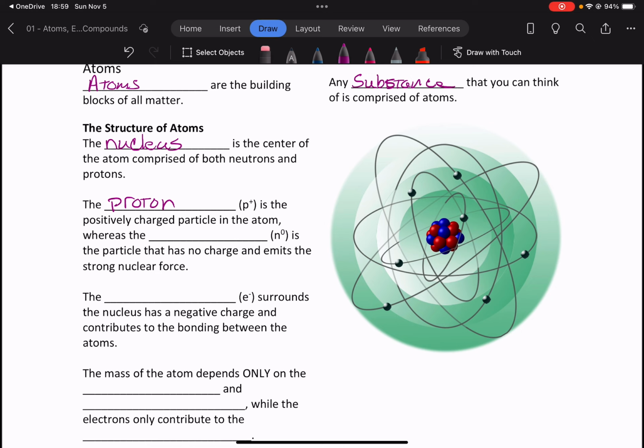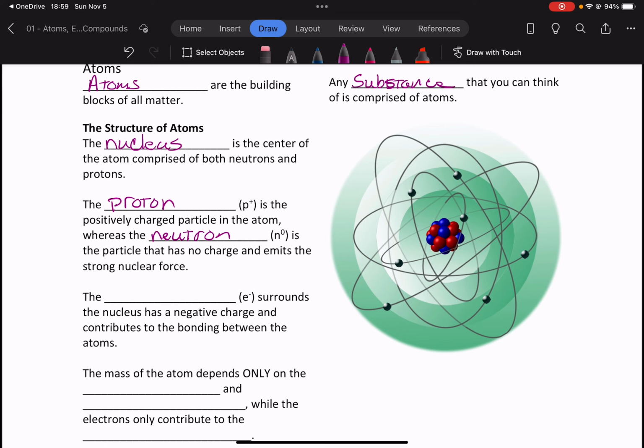The other one in there is the neutron, which you list as an N0. It's the particle that has no charge, but a lot of scientists say that it emits the strong nuclear force, which keeps all the protons together. But that's for your chemistry class.